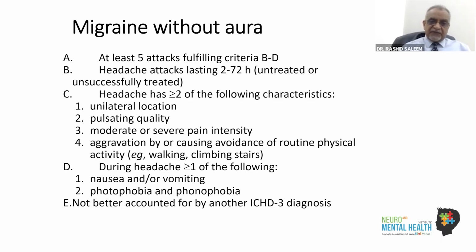The requirement for without aura is at least 5 episodes, and these should meet criteria B to D. Headache attacks lasting between 2 to 72 hours, and the headache has at least 2 of the following: unilateral location, pulsating character, moderate to severe pain intensity, aggravation by or causing avoidance of routine physical activity, which I mentioned earlier. And D is, during headache, at least one of the 2 should be there: nausea and/or vomiting, photophobia and phonophobia. And E is not better explained by other criteria.